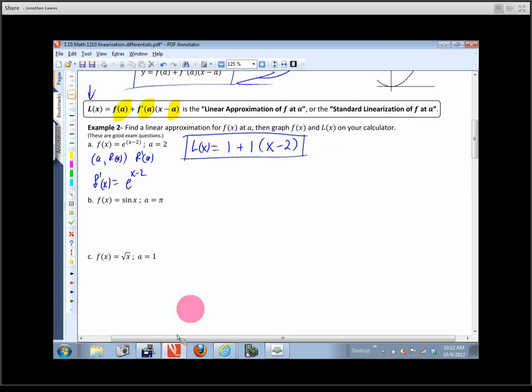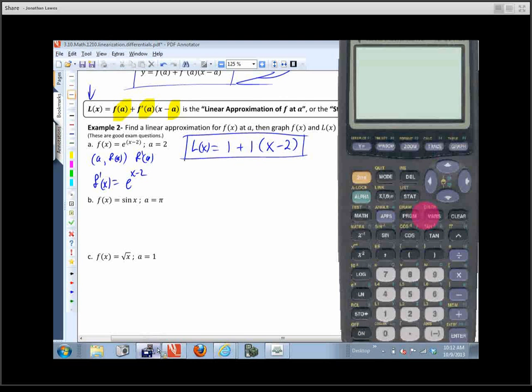Then it says graph f of x and L of x on the calculator. The reason I like to leave it in that format, even though it doesn't look very good and we could easily simplify it, is this. All I need to do here is put in the exponential function, x minus 2, close the parentheses. The format for all of these is exactly the same: you have a y value, and then depending on what the slope is and how much we change x from whatever the original a value was, we go up or down from there.